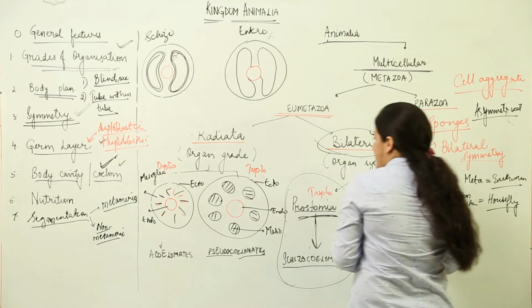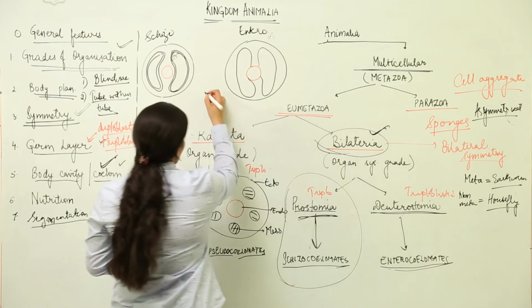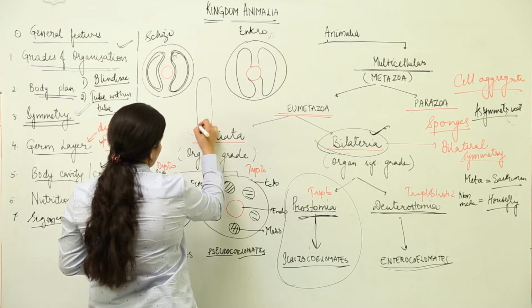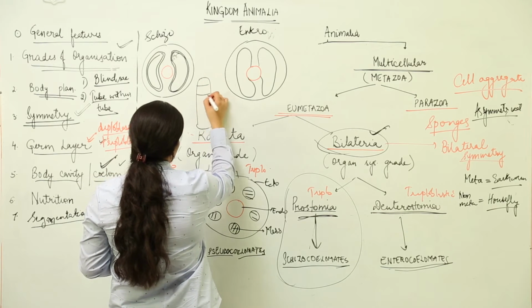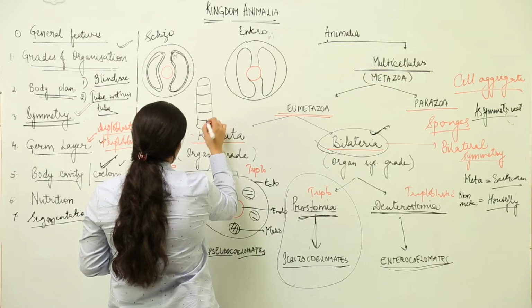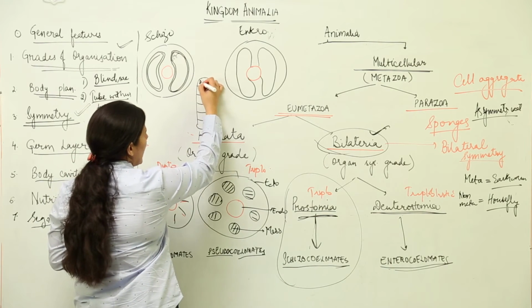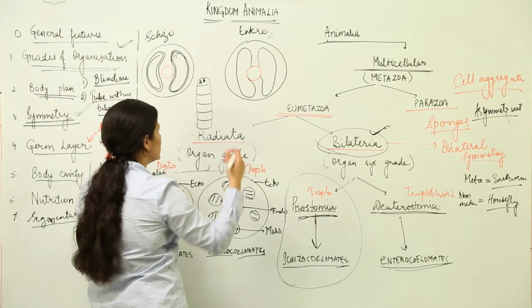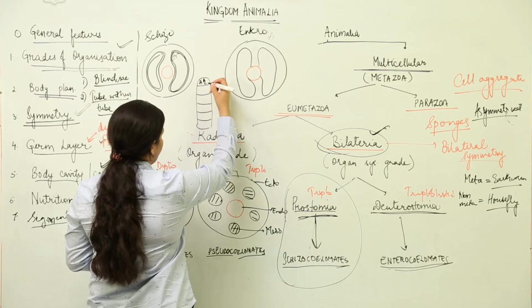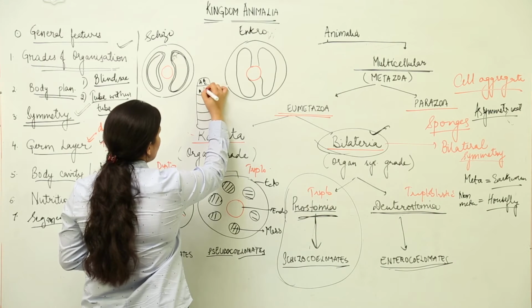So we have segmentation in the body. Supposedly this is an organism, you are going to find segments in the body, and segmentation is a condition where each segment has all those organs, and the arrangement is such that it is repeated every time.